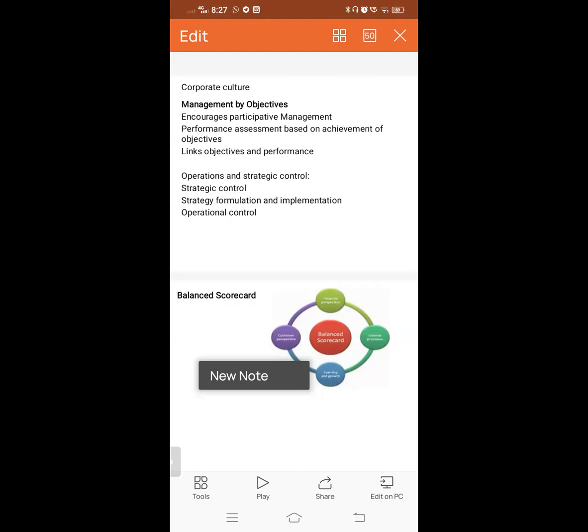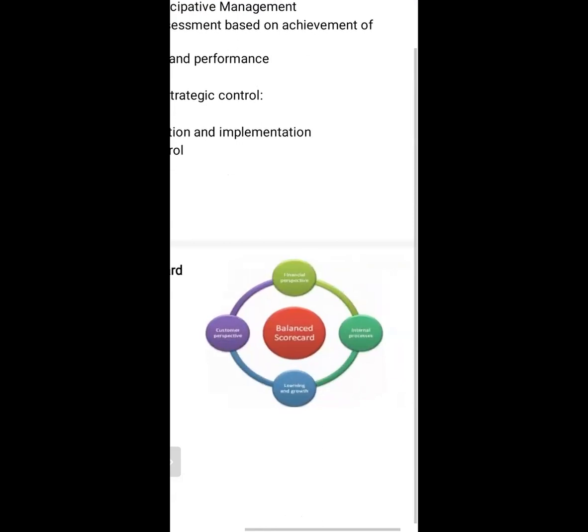Similarly, one of the assessment tools for these organizations is the balanced scorecard. It's a tool which helps the strategic leaders to assess the organization. Here there are four perspectives: the financial perspective, the customer perspective, the internal business processes, and the learning and growth perspective.